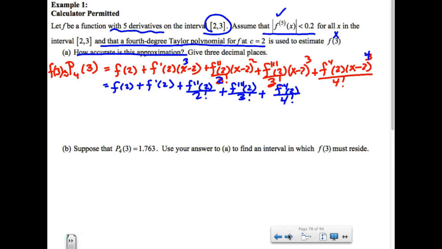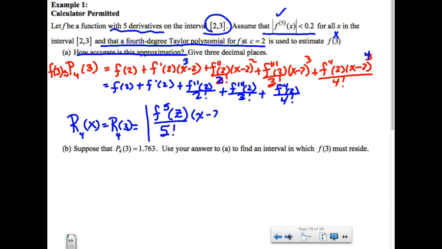And we don't know what f of x is, but the Lagrange error bound says that the remainder after the 4th degree term at x, and we'll replace that right now, for us, it's going to be at 3, is equal to the absolute value of, and I go to the next term, the 5th derivative evaluated at some unknown number over 5 factorial times x minus 2 to the 5th. But my x is a 3.